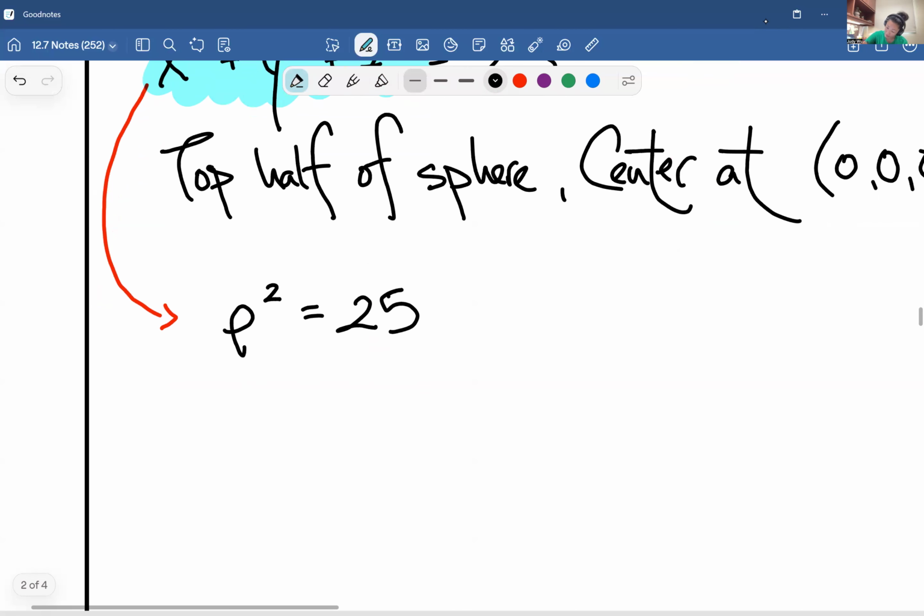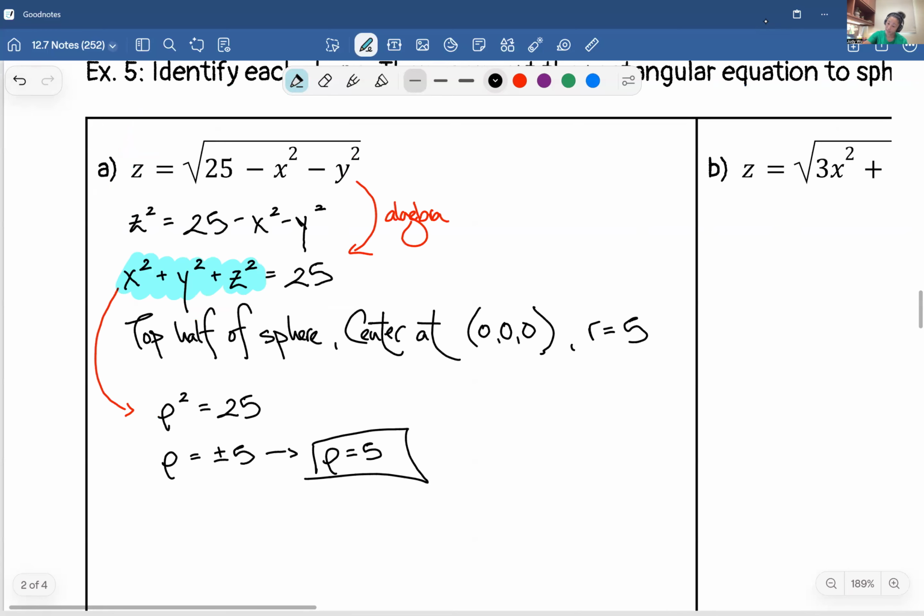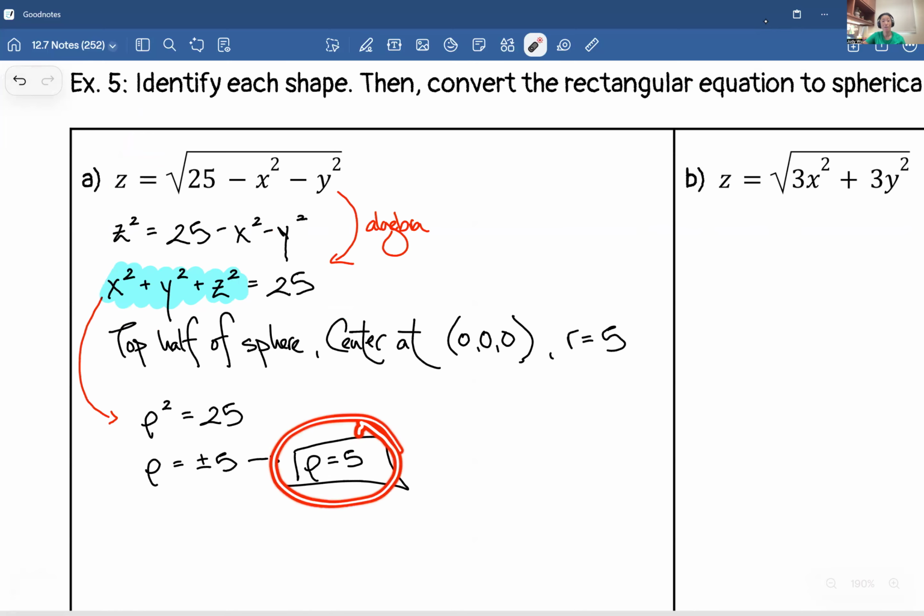We're going to go ahead and take a square root. We technically have two solutions, but we don't define the distance as a negative value. So really it's rho equals 5.